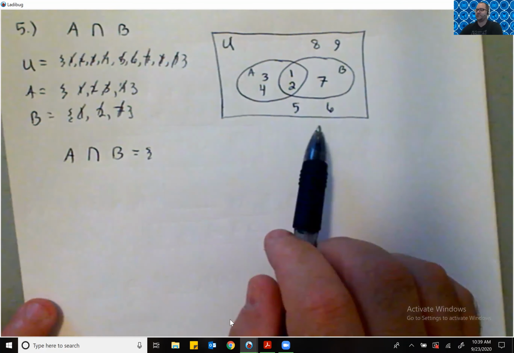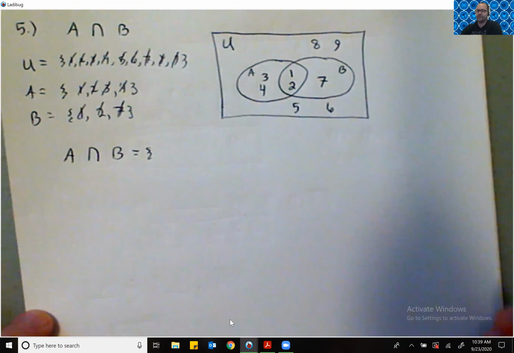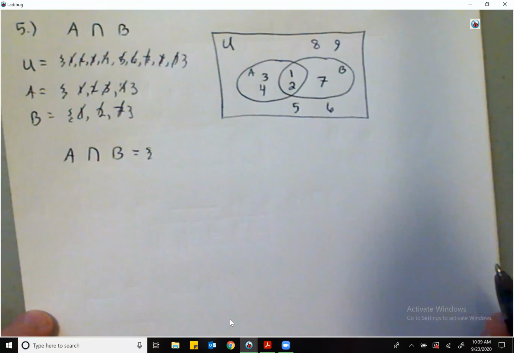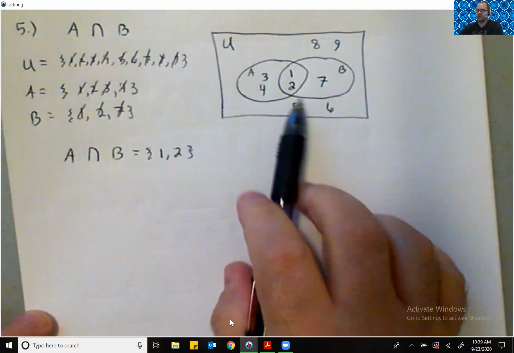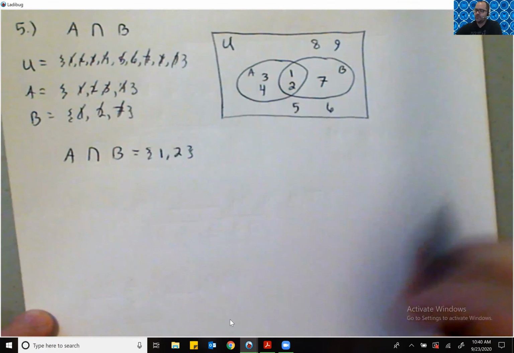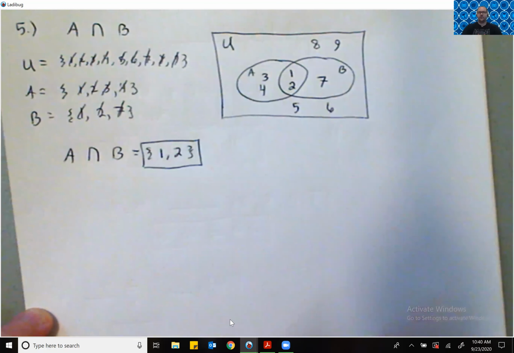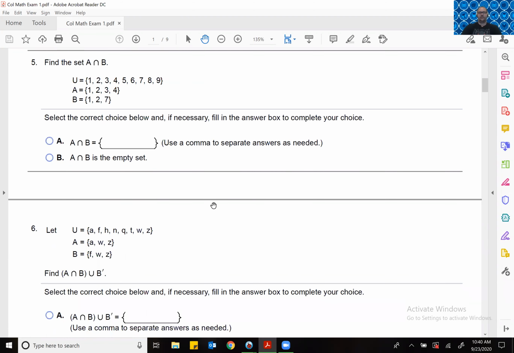So what are the numbers that A and B both have in common when they overlap? 1 and 2. And see with the Venn diagram, it's very visual to see that. And there's your answer. So when you go to your exam, you'll click A and you'll put 1, 2 in the blank. All right, moving on.